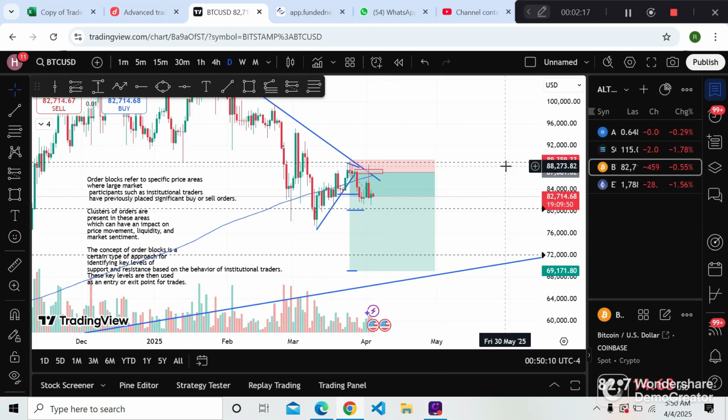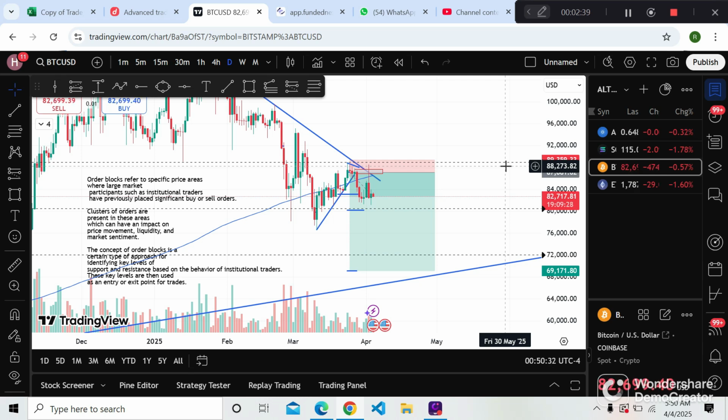Like I have outlined here on BTC USD, which is currently at 82,720. Although this was not my primary means of entry, I'm going to say this: an order block cannot be used as your sole means of entry or for trading.